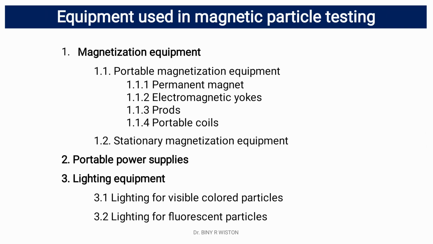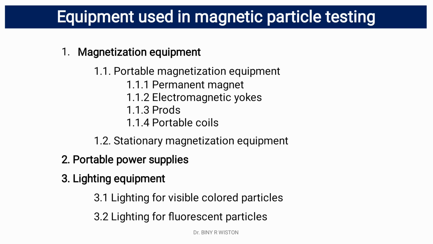Talking about the equipment used for magnetic particle testing, the main equipment may be categorized as magnetization equipment, portable power supply, and lighting equipment.